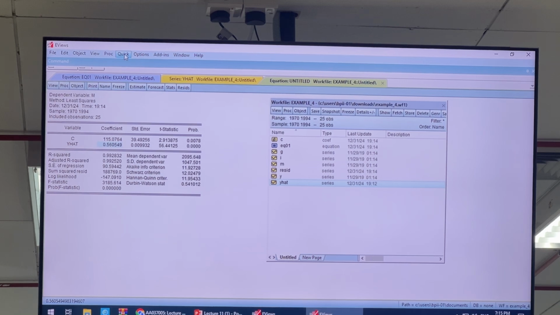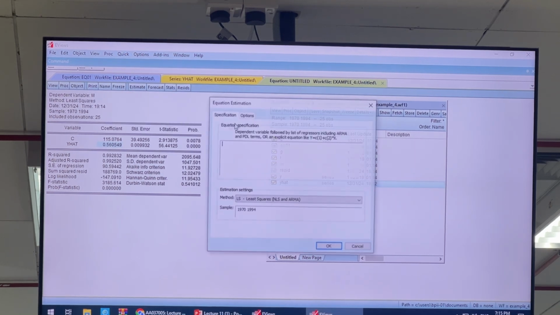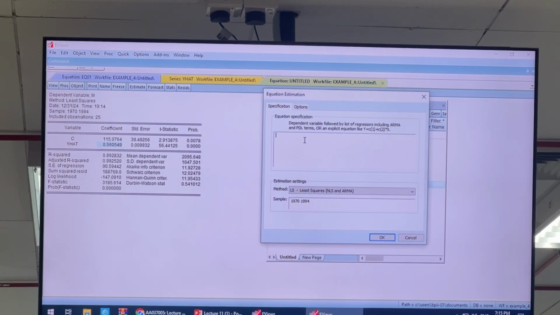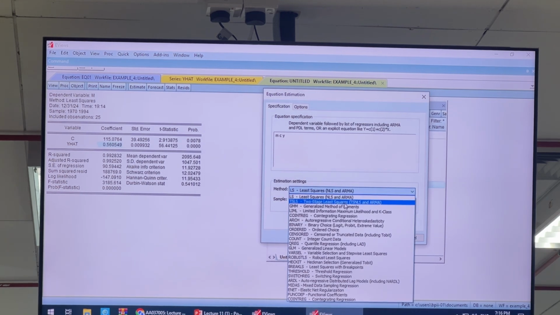Just like usual, go to Quick, Estimate Equation, and put the model that you want to estimate, which is m space c space y, not y hat, the second equation, because we want to regress money supply against income. Then you select the method TSLS, two-stage least squares.